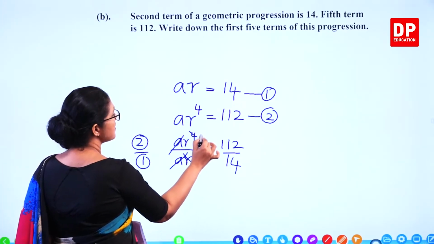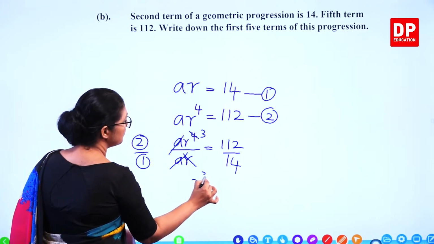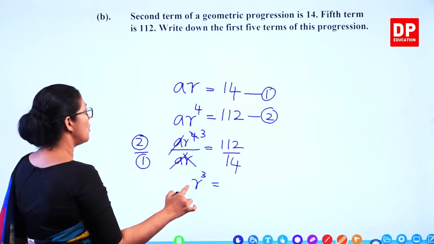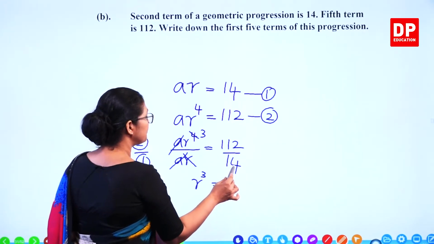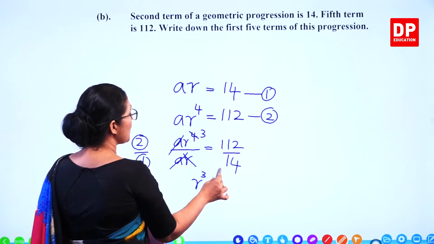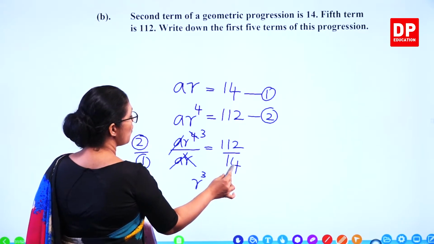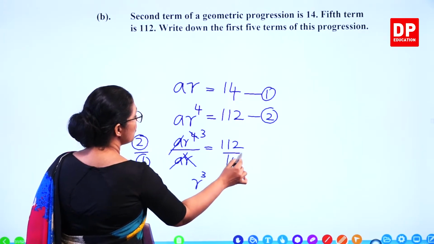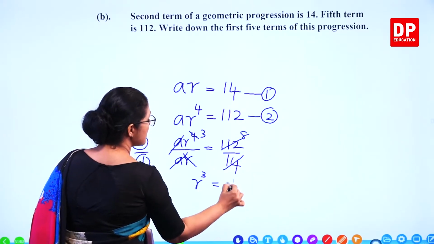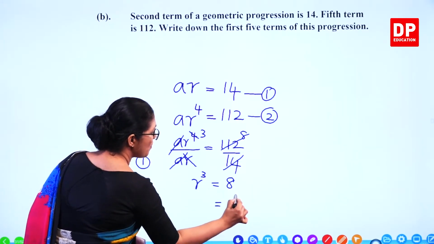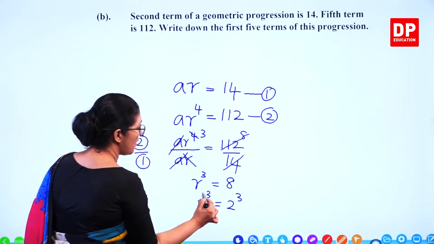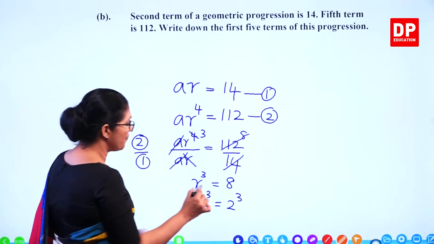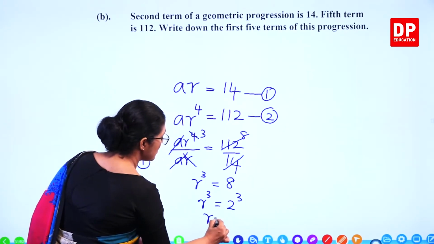A and R get cancelled out and you get R to the power 3. So what's the number? 8. 8 times 4, 32. So 8 times this is this. So 2 to the power 3 is R to the power 3. So what is the ratio? R becomes 2.